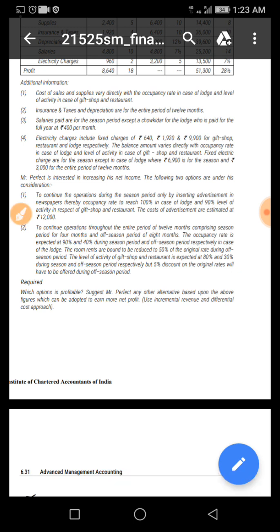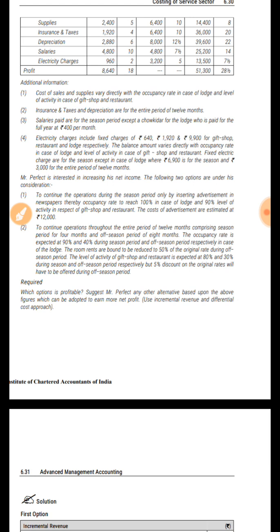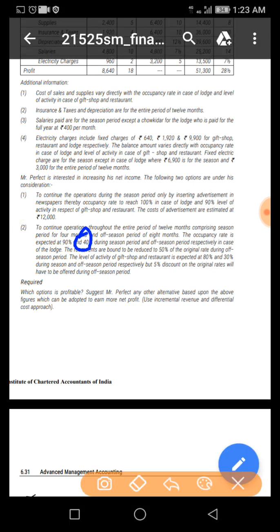यहाँ पे क्या कहते हैं, ना ही ऑक्यूपेंसी इंक्रीज हो रहा है ना ही एक्टिविटी लेवल इंक्रीज हो रहा है. So only increase is the 8 months extra we are able to sell in case of lodge, that 40%, and in case of this restaurant and gift shop, this 30%. That alone is extra we are going to have.